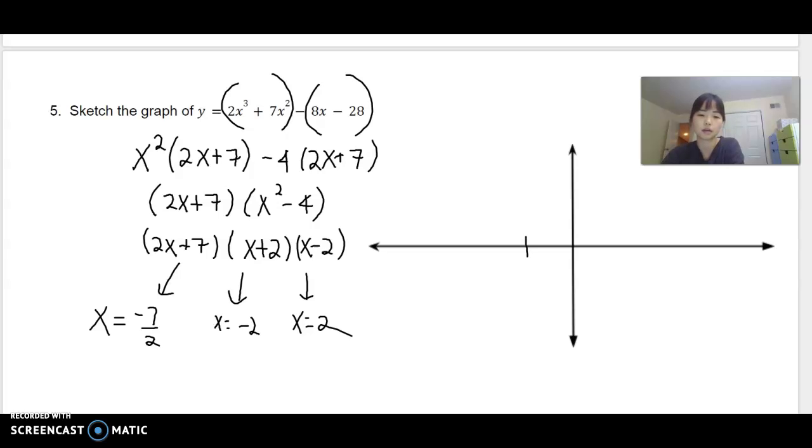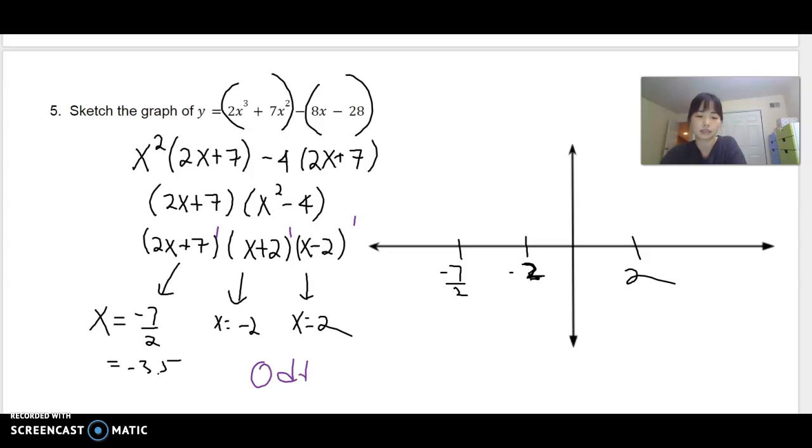So the 3 points are -2 and -7 over 2, because -7 over 2 is -3.5. With the pen that I'm using, I cannot even erase it. It is an odd degree. Why? Because x is 1, 1, 1.